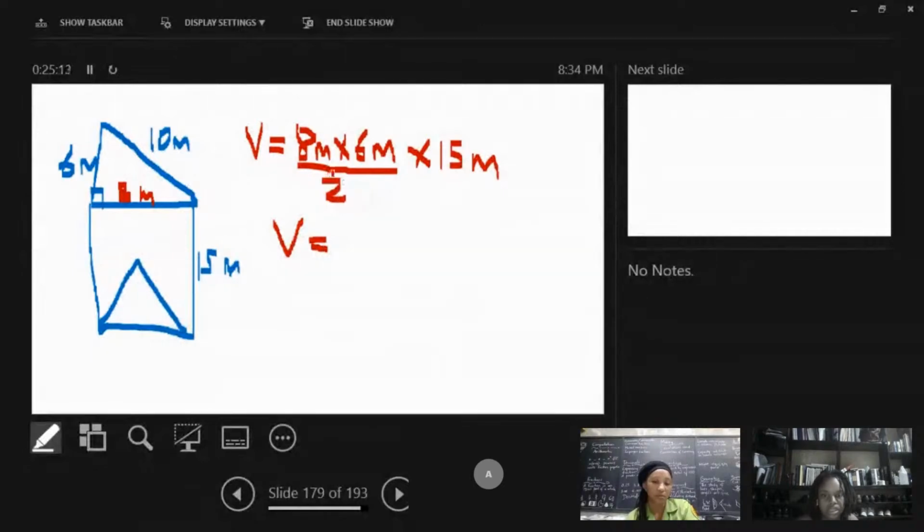Can we cancel? Yes, Miss. 2 into 8 goes 4 times. And 6 times 4 is 24. And 24 times 15 is 360 meters cubed.